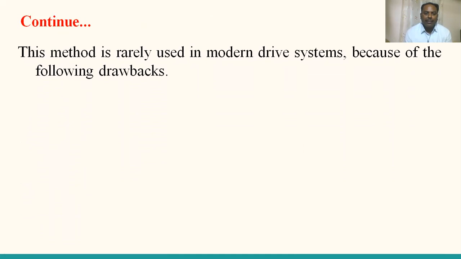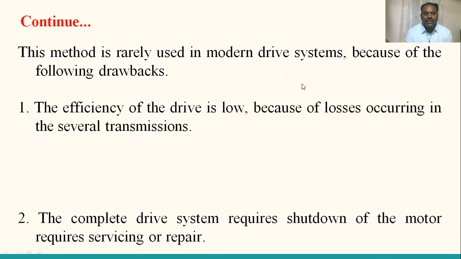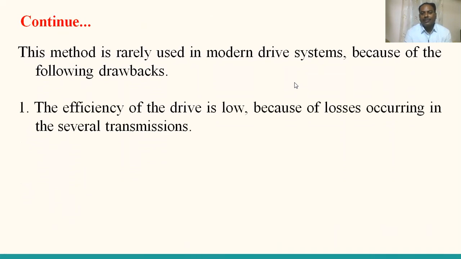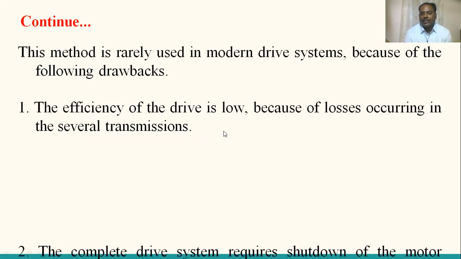So what are the drawbacks of this method? The efficiency of the drive is low. When mechanical belts and multi-step pulleys are involved, the efficiency is obviously less because of losses occurring in the several transmissions.